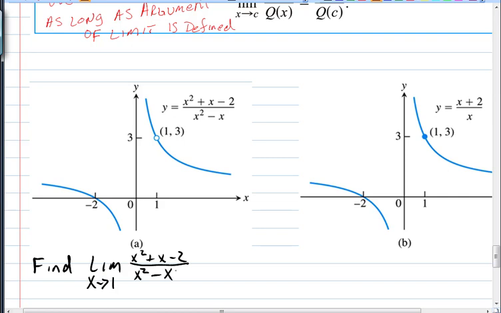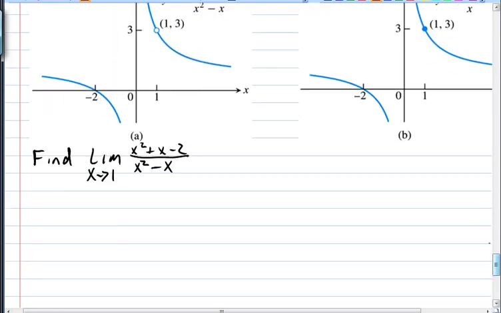What can I do with this? If I plug in a 1, isn't this thing undefined? That means I can't use direct substitution, because if I plug in a 1 right here, I end up with 1 minus 1 is 0. So I've got to try something else. Whenever you have a rational function, try factoring the numerator and denominator and see if you have any common factors that'll cancel out. And in this case, I believe we do. So let's factor.